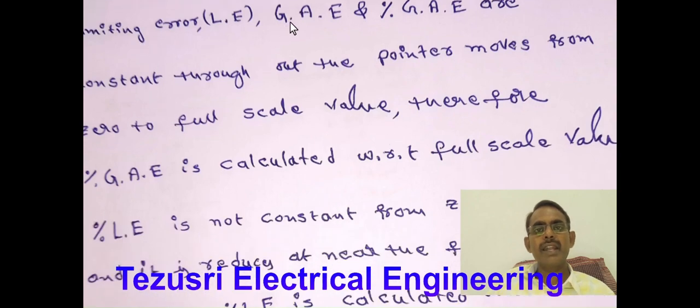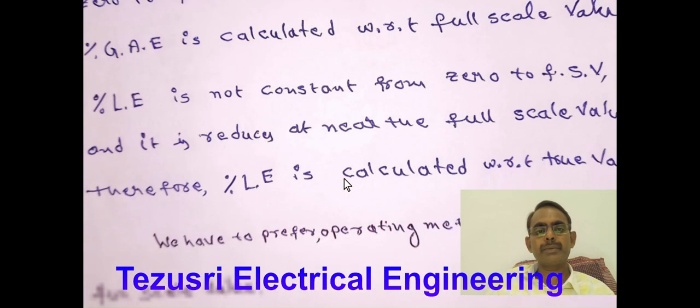Limiting error, guaranteed accuracy error and percentage of guaranteed accuracy error are constant as the pointer moves from 0 to full scale value. Therefore, percentage of guaranteed accuracy error is calculated with respect to full scale value.